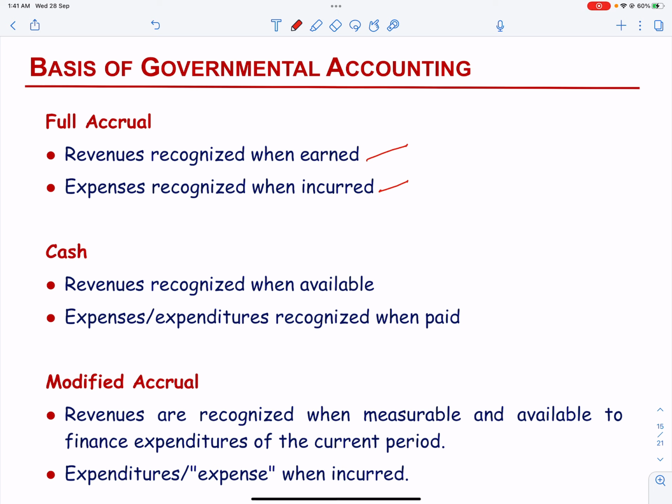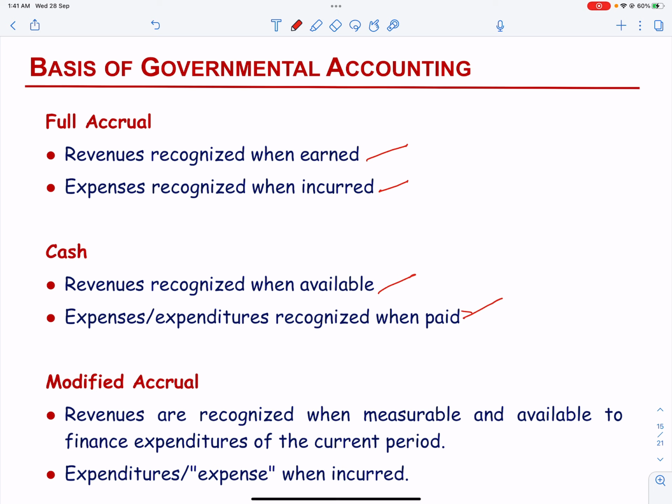Yet another basis of accounting is called cash basis of accounting, and under cash basis of accounting it records revenue when cash is received and expenses are recorded when they are paid.